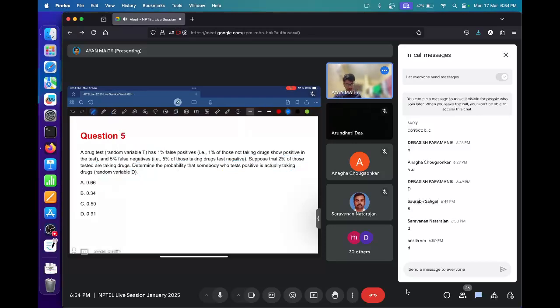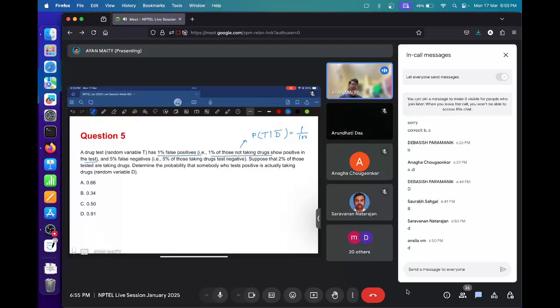So the first probability given is 1% false positives. Here false positive means that 1% of those not taking drugs show positive in the test. So given that they are not taking the drugs, that is, given D complement, the probability of testing positive, that is this 1%, is the false positives.